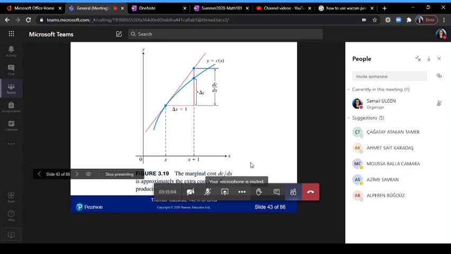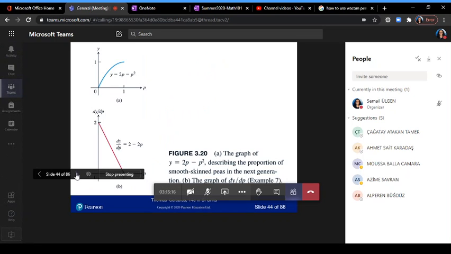So if you produce one more ton per week, it's going to approximately cost the extra delta C, and this is called the marginal cost. Per each unit of production, how much it's going to cost you is the marginal cost.